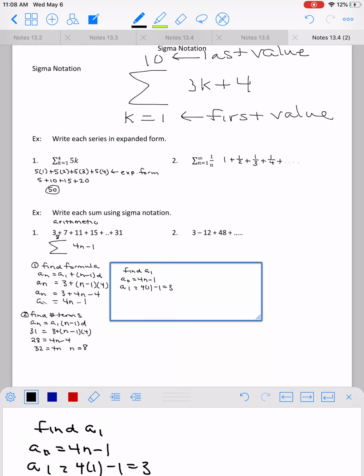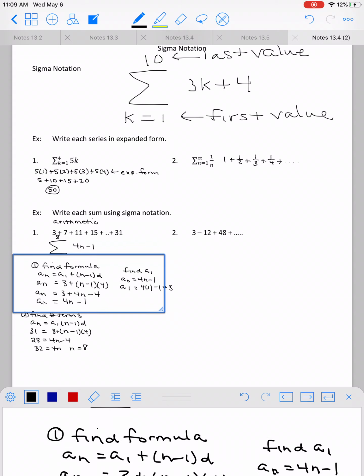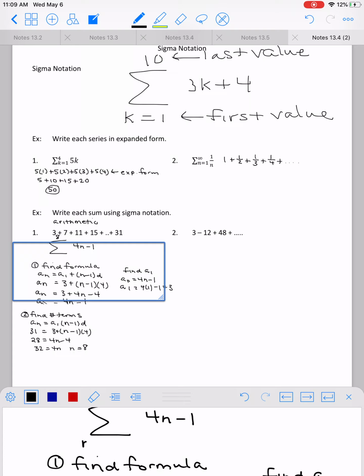And the reason we do that is we have to know where to start the sigma. And so we are going to start the sigma at n equals 1, because when I plug in a 1, then it's going to give me a 3.